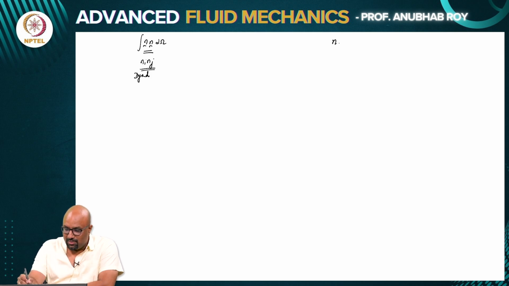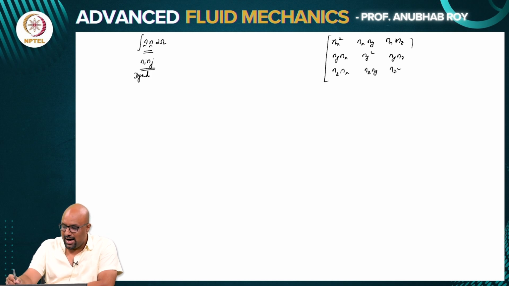So, you will have terms like nx squared, nx ny, nx nz. If you think in terms of matrices, ny nx, ny squared, ny nz, nz nx, nz ny, nz squared. So, it has 9 components which you now need to integrate over this unit normal.